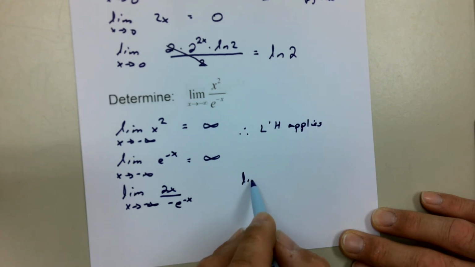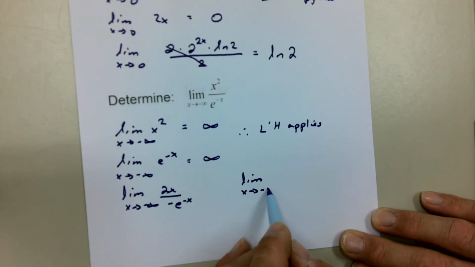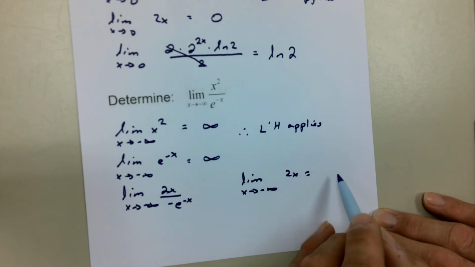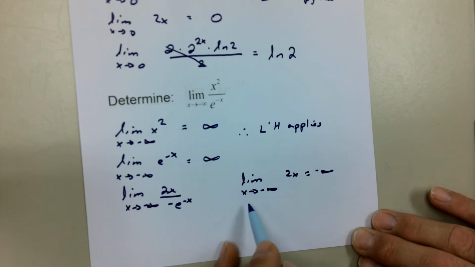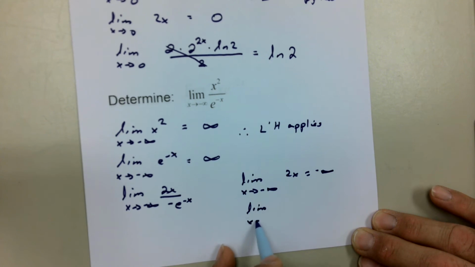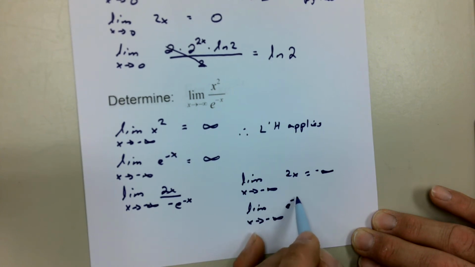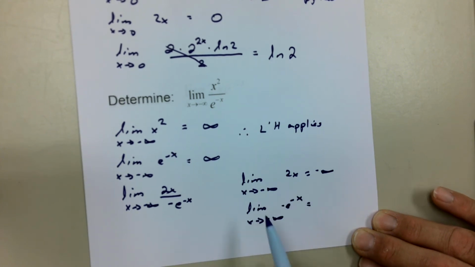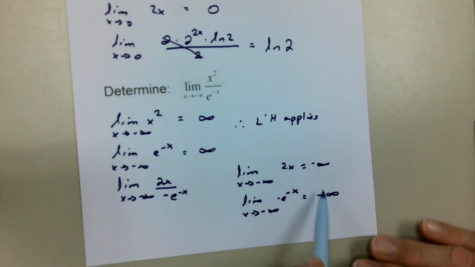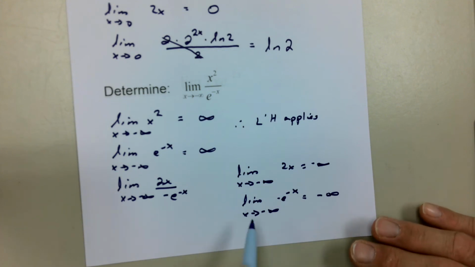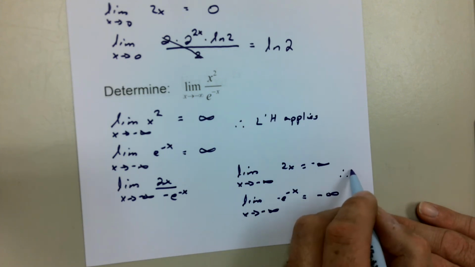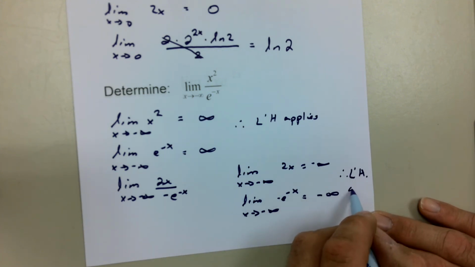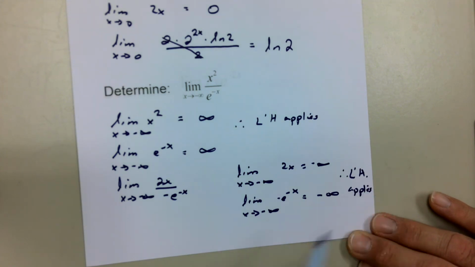Since I have an infinity over an infinity, we have another L'Hopital's rule. So I'm going to go ahead and state that it applies twice.